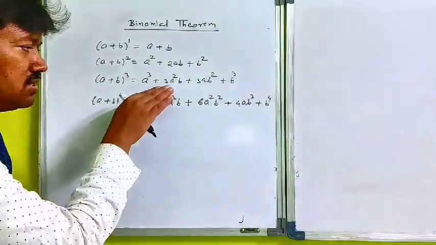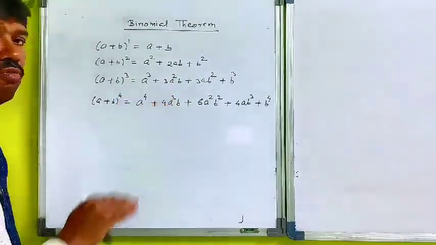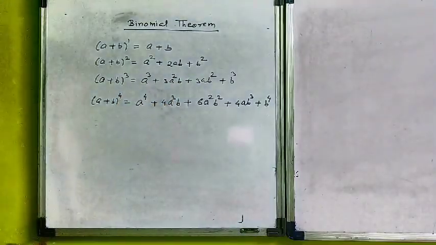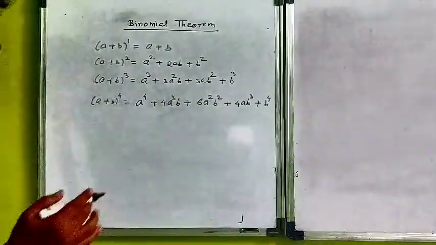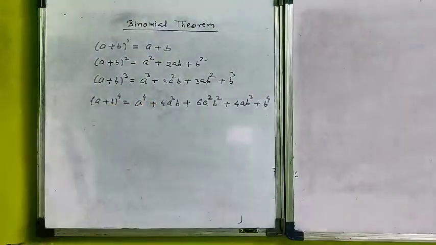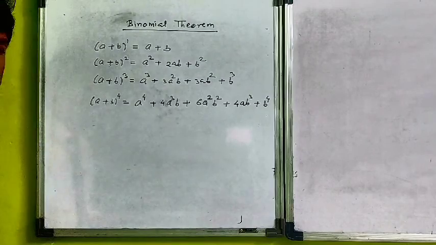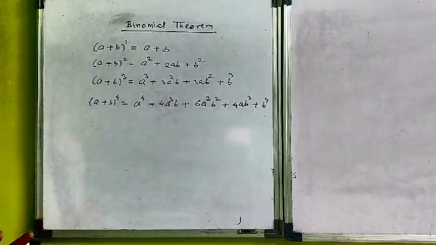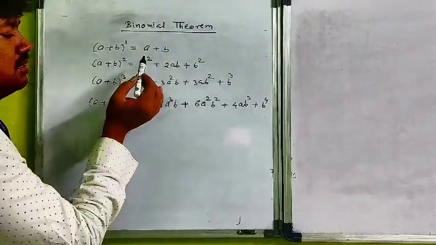If I know the previous expression, I can easily write the next. So how to write that next? How did we get this one? It is a very simple thing.